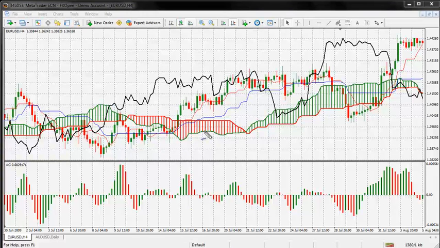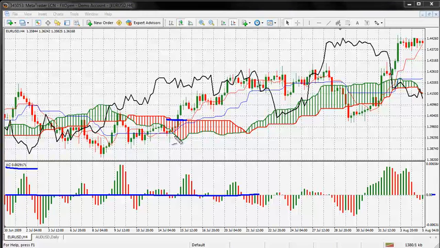What we're looking for essentially is the accelerator oscillator, and we're looking for the vertical scale, which is that area right there, and we're looking for a breakout right here.